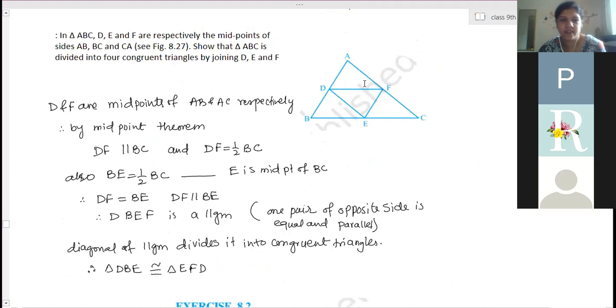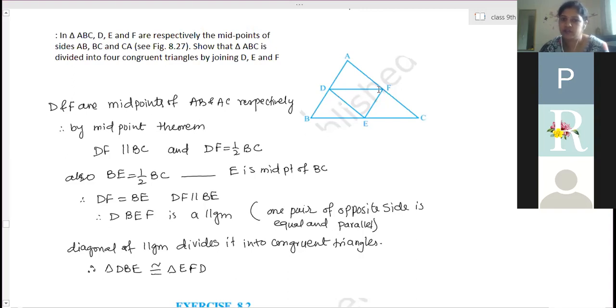Yes, ma'am. So here, the same question as the 27th one, same diagram is there, but reverse order. That's not a problem. I will explain you only the method. Now here D and F are the midpoints. So therefore, by midpoint formula, DF is parallel to BC and DF is half of BC, right?